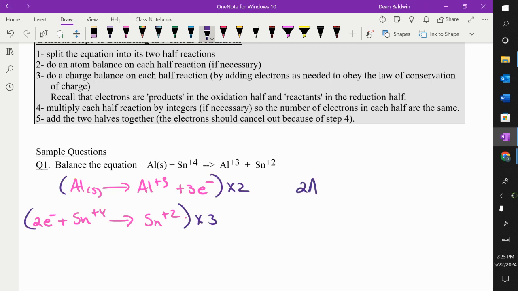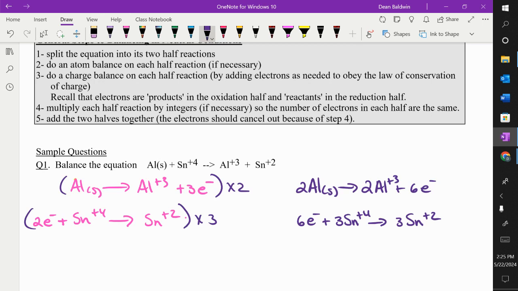So the top one, I have 2 aluminum goes to 2 Al plus 3 plus 6 electrons. And then the bottom is 6 electrons plus 3 tin 4s goes to 3 tin 2. You want to make sure that the electrons on each side of the reaction will cancel each other out.